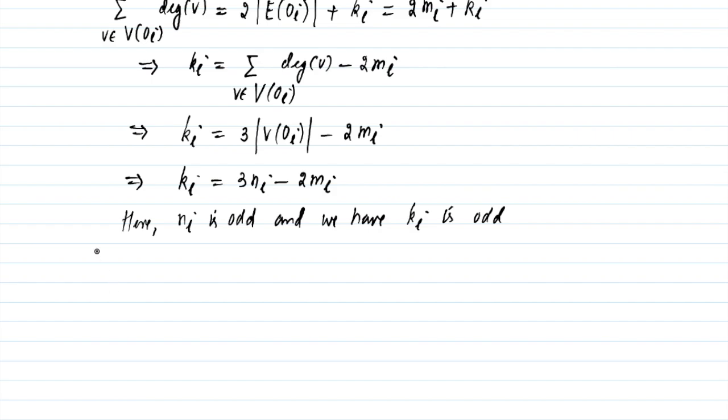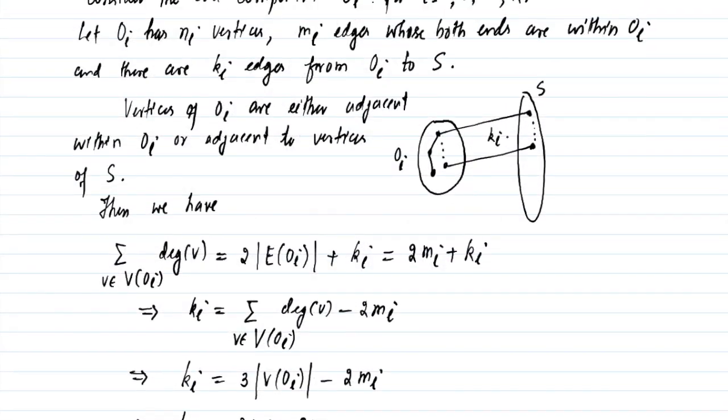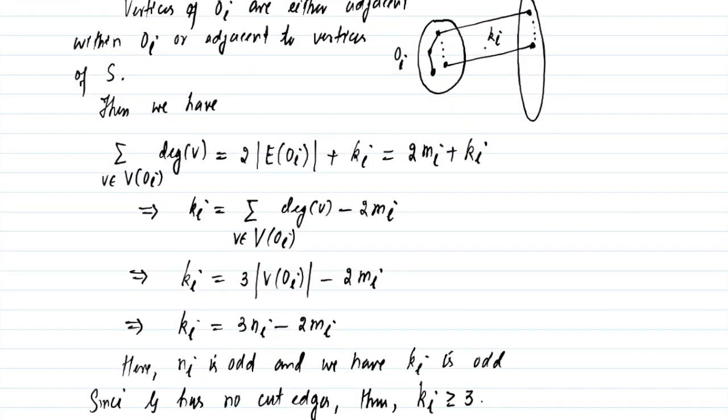But since G has no cut edge, Ki is not actually 1, but is greater than or equal to 3. Now when Ki is greater than or equal to 3, this means that there are at least 3 edges from every Oi to S. So there are at least 3 edges from O1 to S, at least 3 edges from O2 to S, and so on.